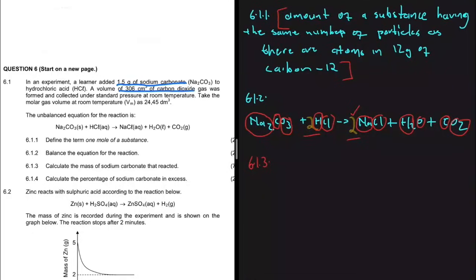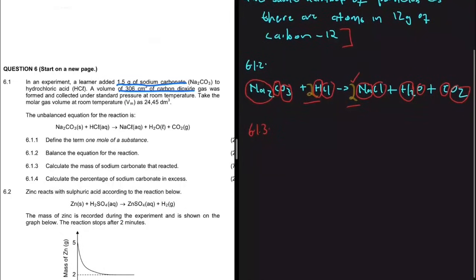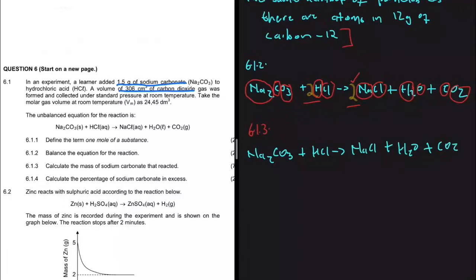Take the molar gas volume at room temperature as 24.45 decimeter cube. So let me just copy down the equation again real quick, because we have to use this equation. If we don't have the equation and we are just writing things, then it becomes all over the show. There needs to be clarity in our writing.